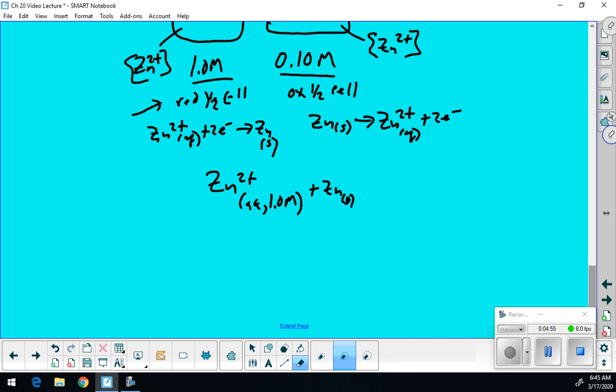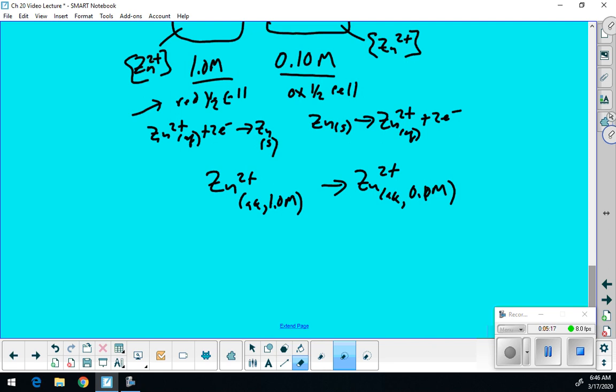Because that's a zinc solid. Yeah, I think that's all going to cancel, right? And all I get is Zn 2 plus aqueous at 1.0 molar going to Zn 2 plus aqueous at 0.10 molar. Good. And so that's really what's going on in the reaction.